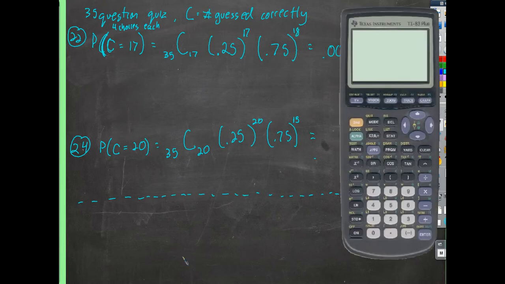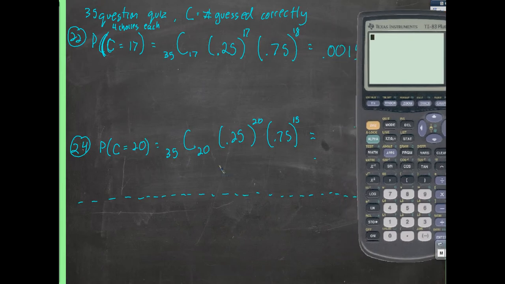So, in the end, the mistake that a lot of people make is thinking that this probability is going to be the probability that you get 20 or more. That's not the case. It's exactly 20. So, 35C20 times 0.25 to the 20th times 0.75 to the 15th.